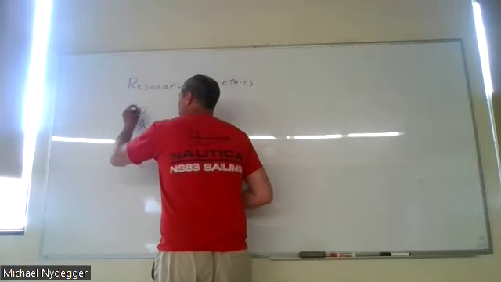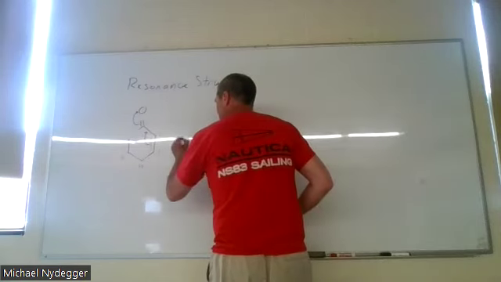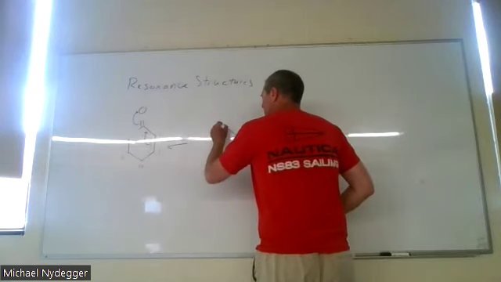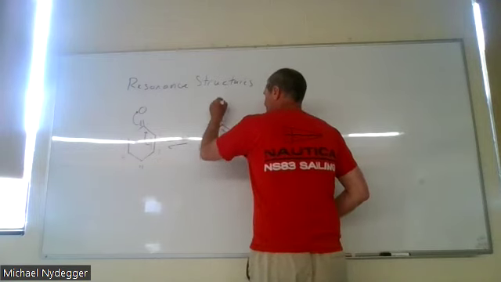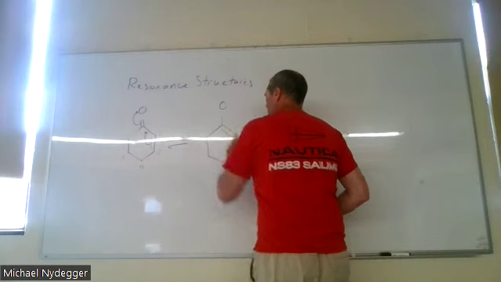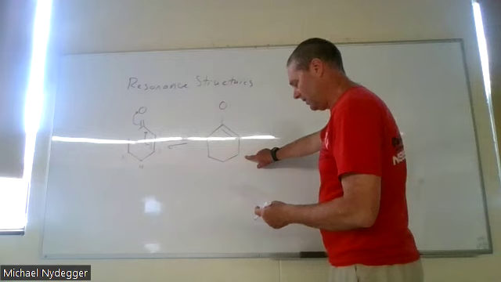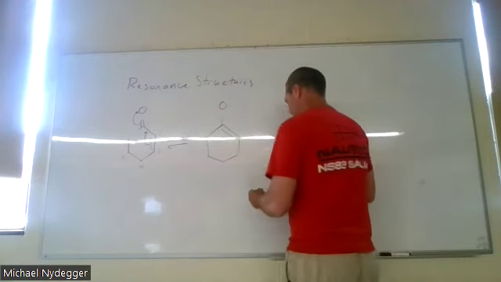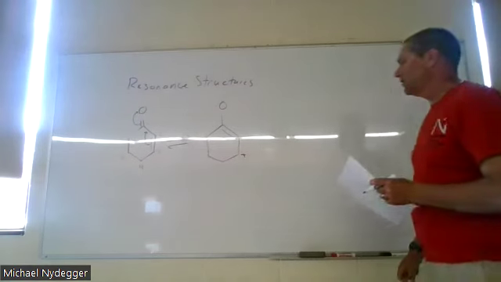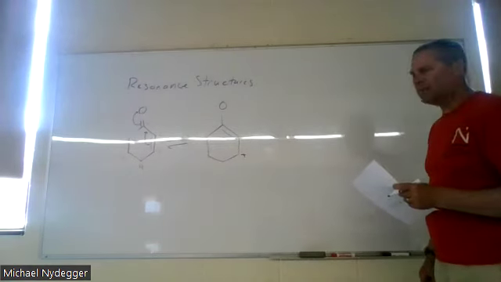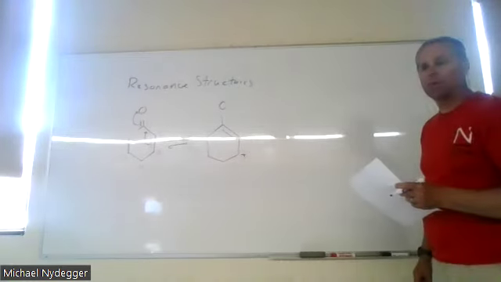Therefore, one of these double bonds goes up to there, just like what we saw in the previous example, and that's going to make this carbon atom here positive. That make sense? Yeah.